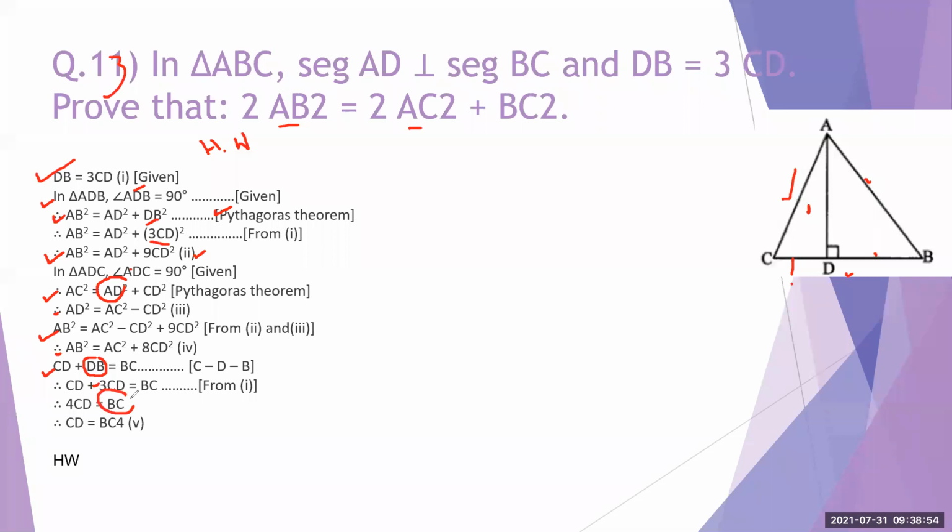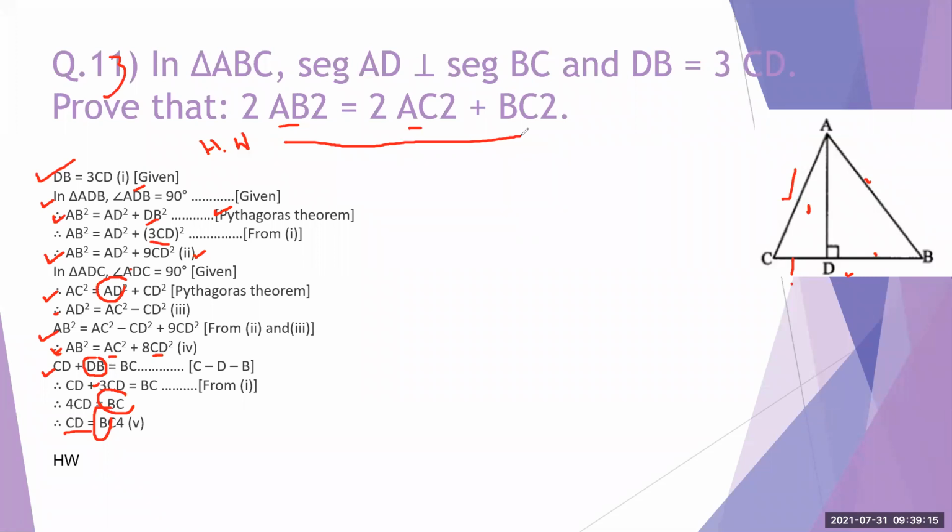So we put this value of CD in this equation. तो AB square is equal to AC square plus यहाँ पे CD की जगह अब आपके पास 4 times BC square. Means ये तीनों values अब आपको मिल गए हैं in the same equation, right? In the same equation we will get all the three values.